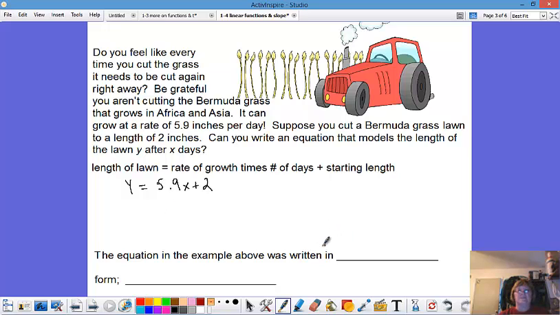That example, the equation that we wrote just a moment ago, is written in slope-intercept form. Slope-intercept form. And the model for that is y = mx + b, which is usually what people tell us when we say, can you tell us about the equation of a line? y = mx + b.